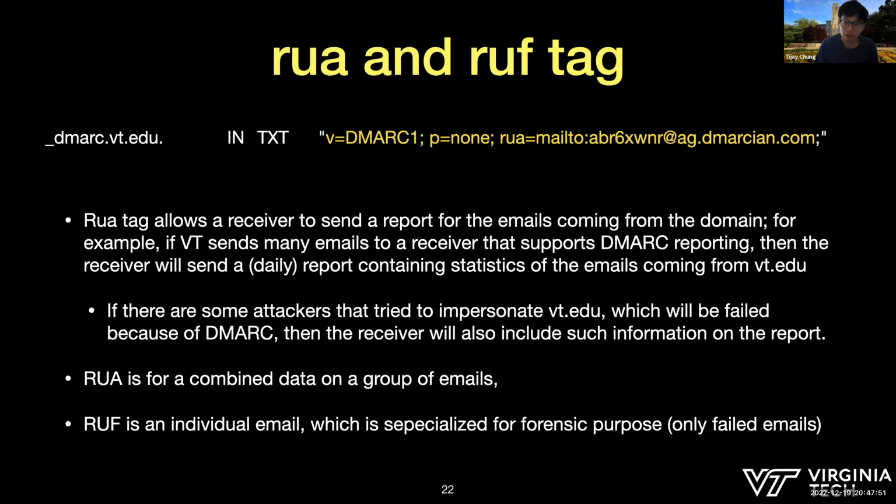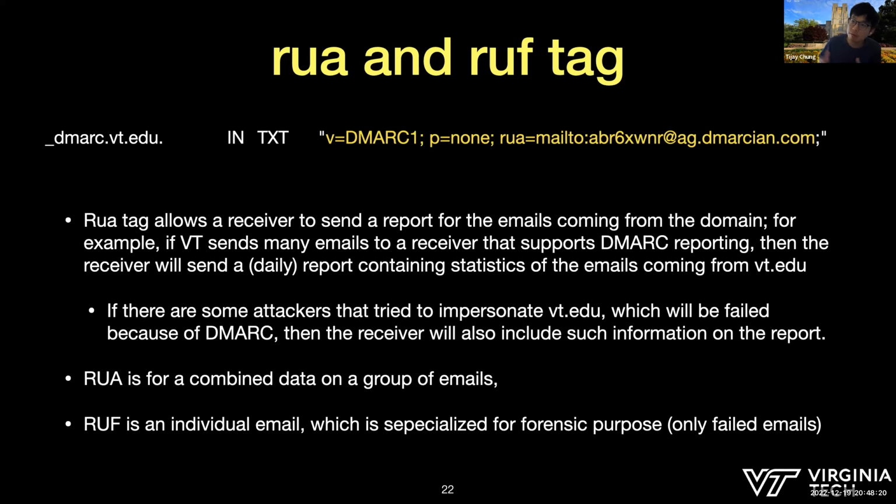And the rua tag. The rua tag allows the receiver to send a report for the emails coming from a domain name, okay? So for example, if VT sends many emails to a receiver that supports DMARC reporting, then on a daily basis the receiver counts all the emails from Virginia Tech and also collects some useful statistics.